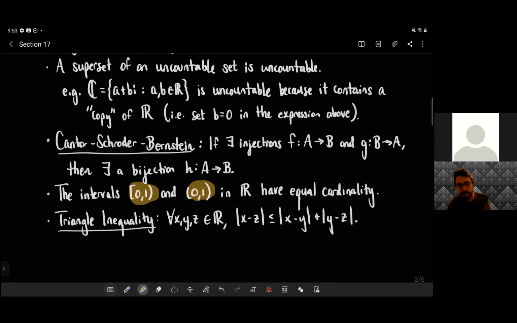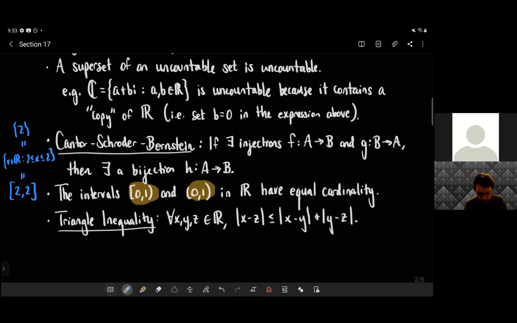In fact, you can form a bijection between any intervals you want, as long as they're not degenerate. When I say degenerate, I mean, sure, you could write the closed interval from 2 to 2. That's the set of all real numbers that are between 2 and 2. Of course, that's just going to be 2. So I would call that degenerate because it's a weird example.